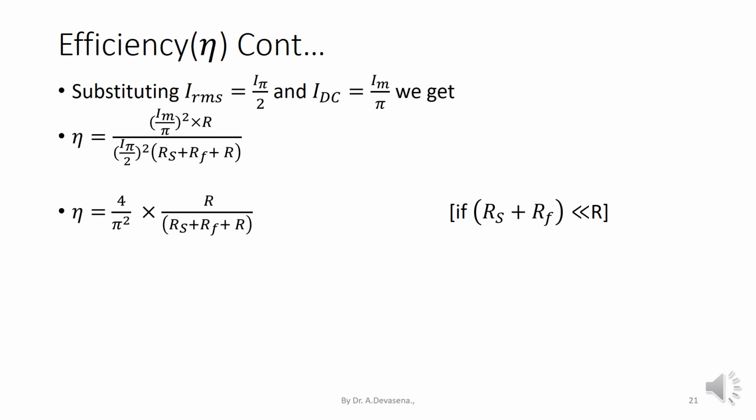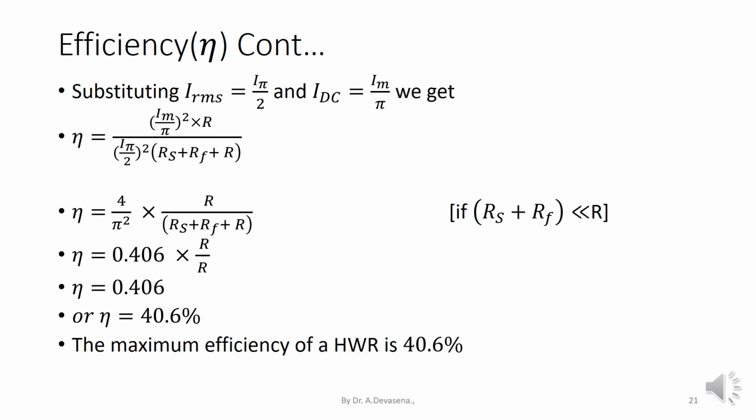Therefore, eta is equal to 0.406 into R by R. That is, eta is equal to 0.406, or in terms of percentage, the efficiency eta is equal to 40.6%. The maximum efficiency of a half-wave rectifier is 40.6%.